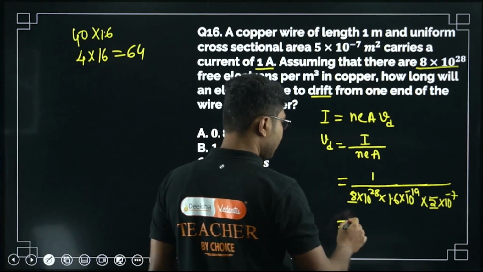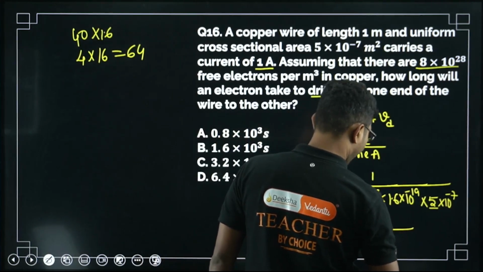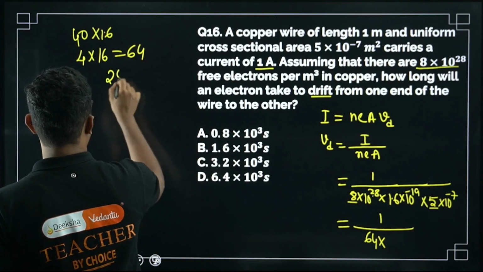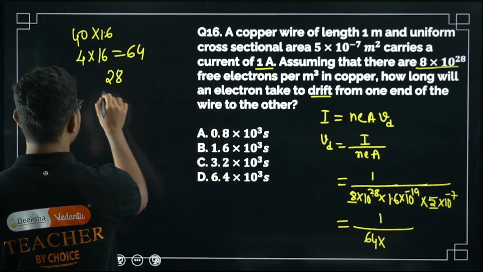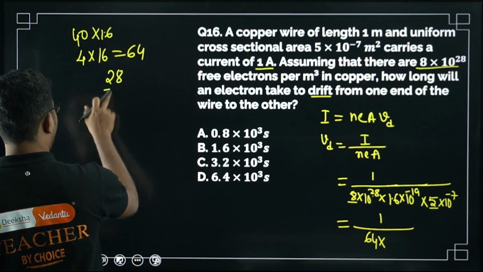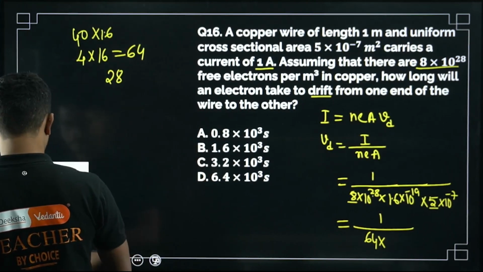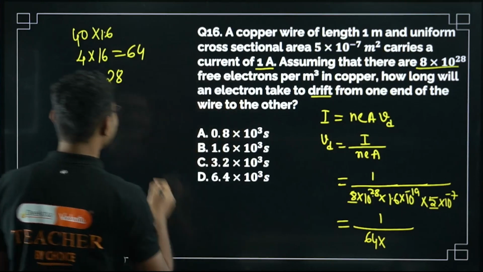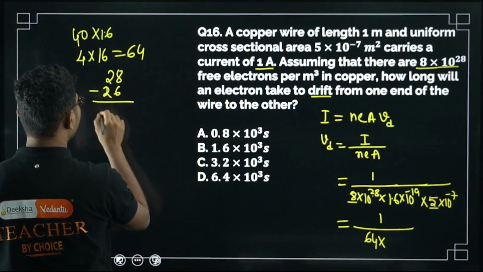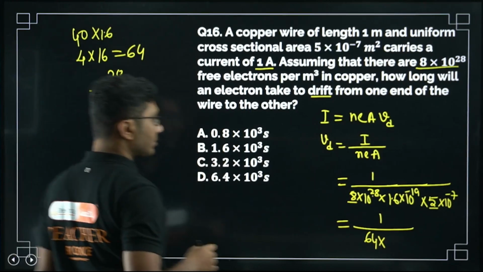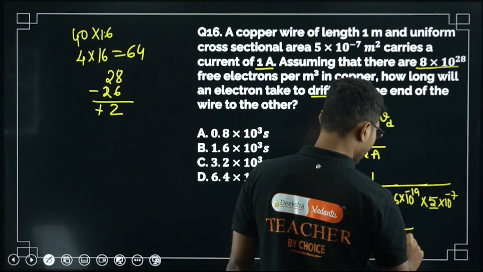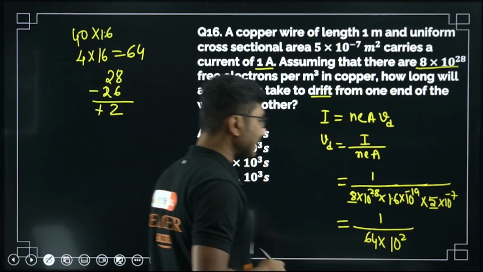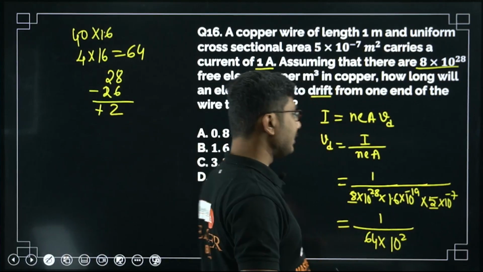So 64 times 10 to the power of 28 plus minus 19 and minus 7. Minus 19 and minus 7 is minus 26, so it will be plus 2. So 10 to the power of 2. So 1 by 64 times 10 to the power of 2 is the drift velocity.